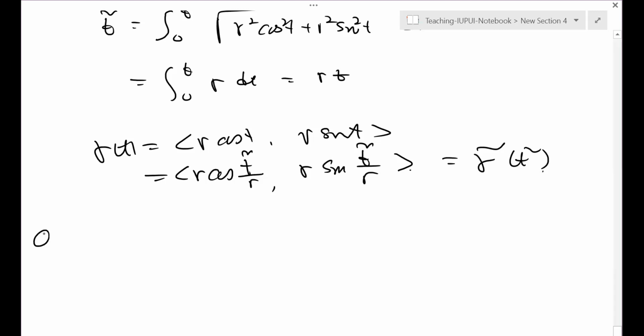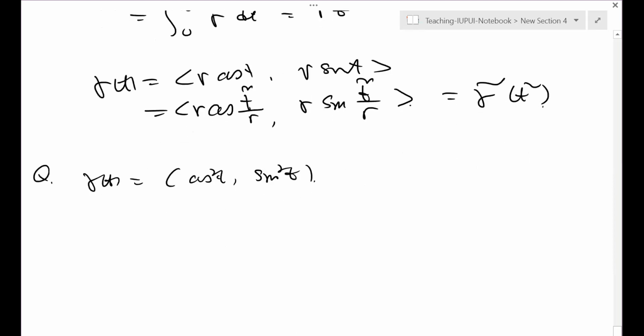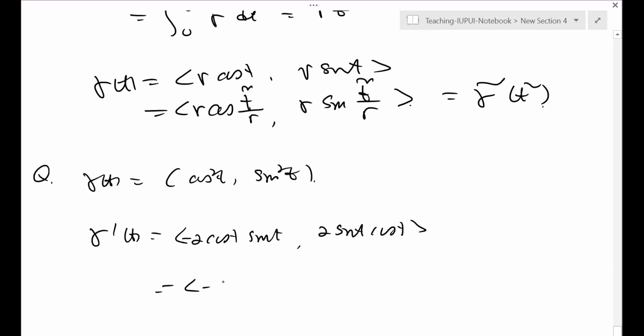Okay, let's take a look at another example, gamma t. So let's take the parameterization to be 2 cosine t sine t, negative, right? And 2 sine t cosine t. So it's negative sine 2t and sine 2t.